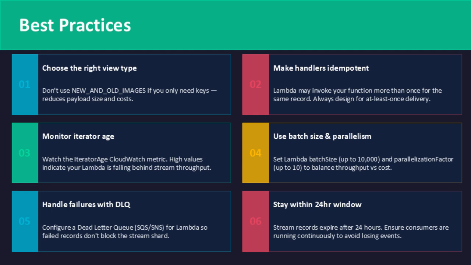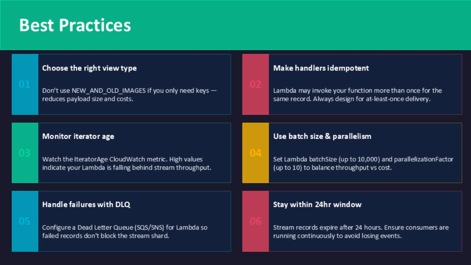3. Monitor IteratorAge. This is a CloudWatch metric that tells you how far behind your Lambda is from the tip of the stream. If your number is high, your Lambda isn't keeping up and you need to tune batch size or concurrency. 4. Tune batch size and parallelism.